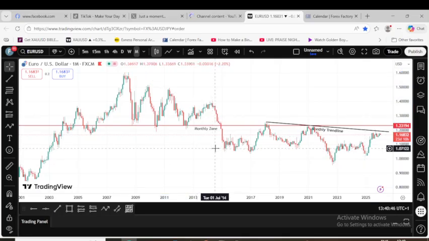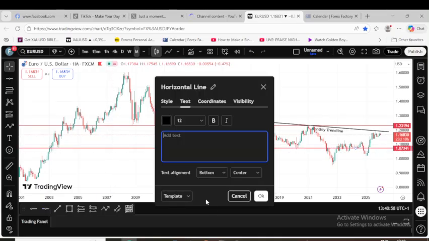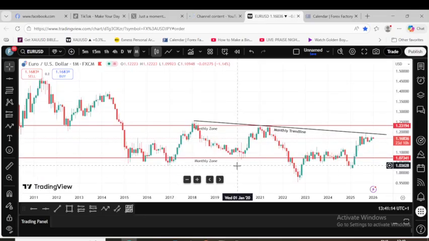So next we have this point. This is our zone. That's our monthly zone.